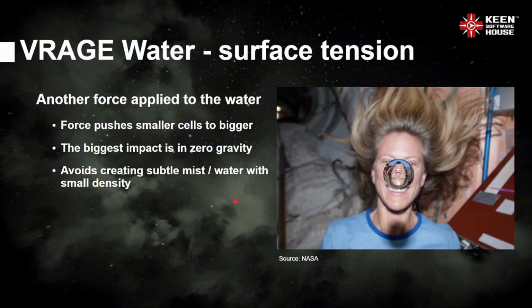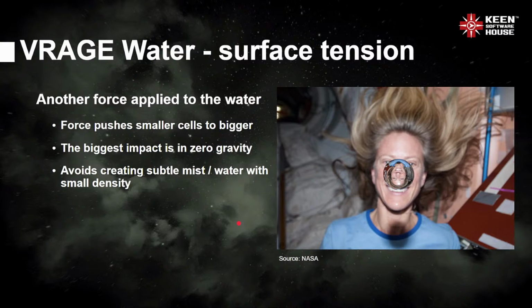And the last force is surface tension. It's creating these nice bubbles in zero gravity. It's pushing in the right directions to the surface of the water and making these blobs or globules.